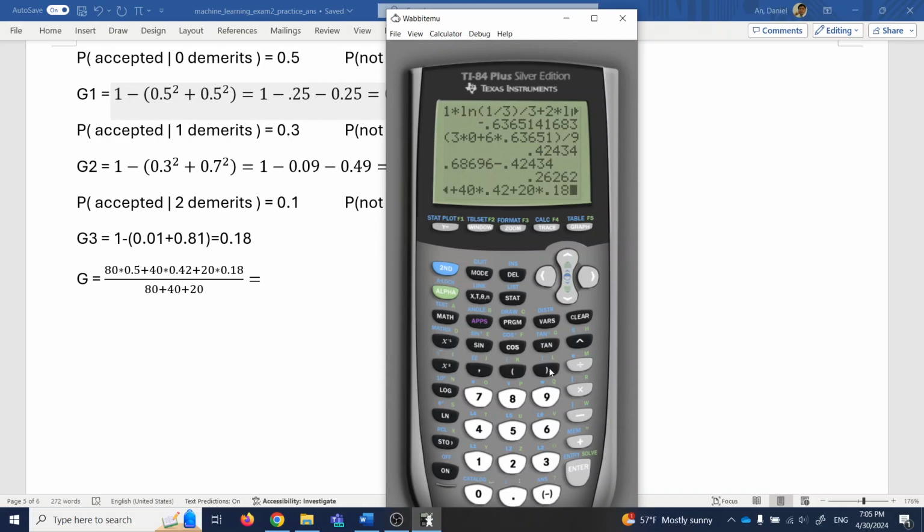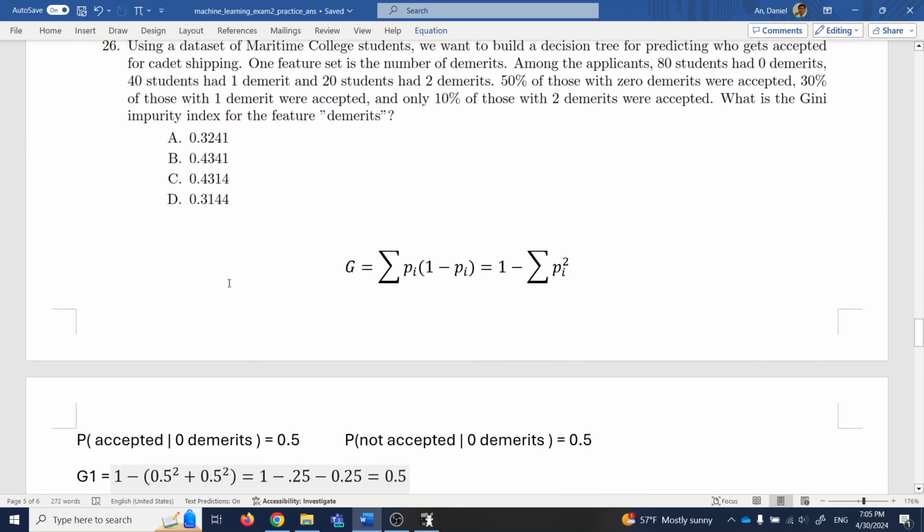And then you divide the entire thing by 140, because 80 plus 40 plus 20 is 140. And if we calculate it, it's 0.43142. Okay, so this is C.